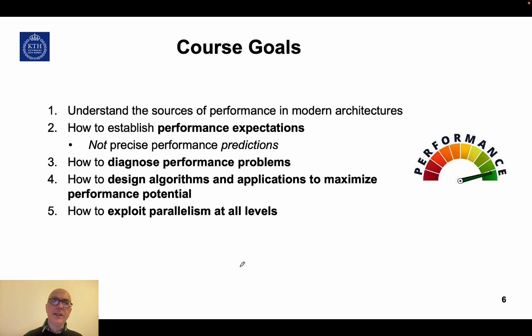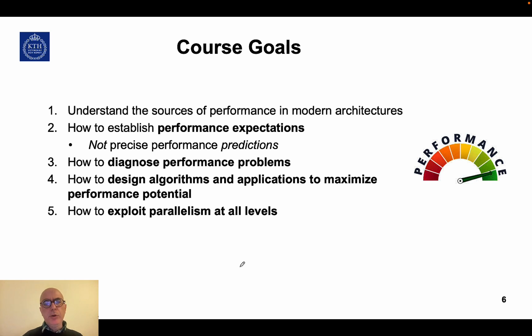The course objectives are to understand the sources of performance in modern architectures, so how we can improve the performance of our code. We are going to learn how to establish performance expectations. These are not precise performance predictions, but we will need to be able to say, this is what we want to achieve, and more than this we are not going to achieve.